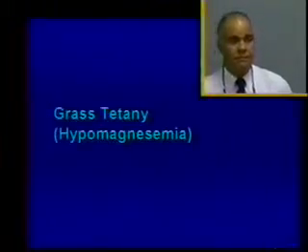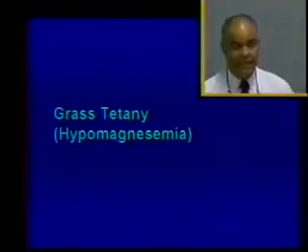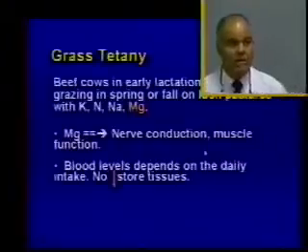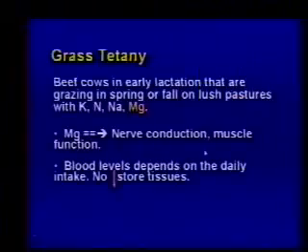The next metabolic disorder is grass tetany or hypomagnesemia. Grass tetany occurs more commonly in beef cows in early lactation that are grazing spring or fall lush pastures with high potassium, sodium, nitrogen, and low in magnesium. Magnesium, of course, is needed for nerve conduction and muscle function.